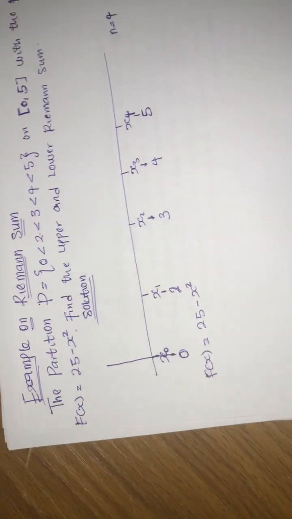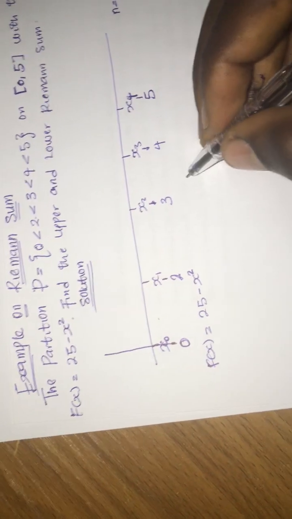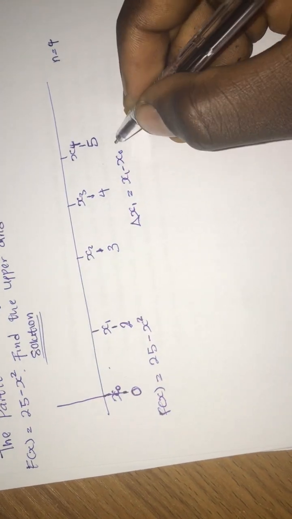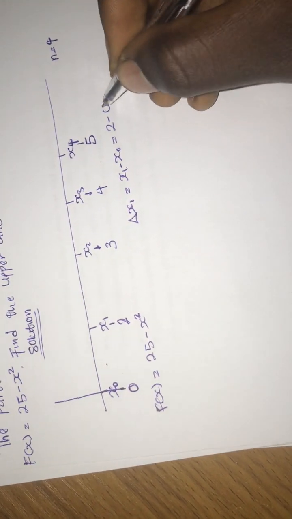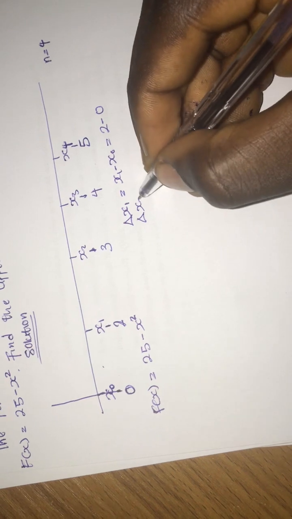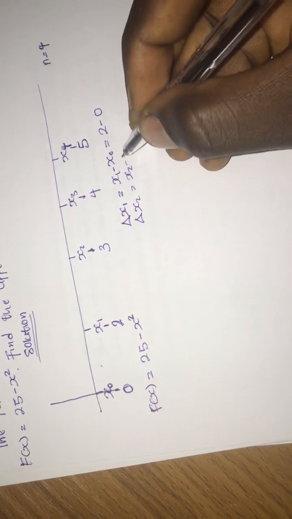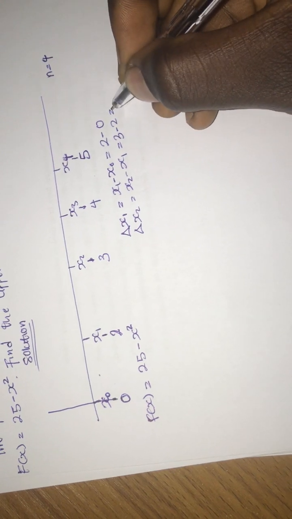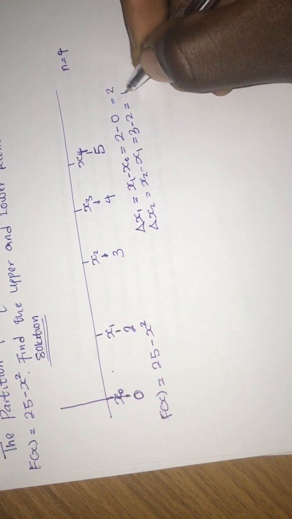Here my delta x1 is equal to x1 minus x0, which is equal to 2 minus 0. Delta x2 is equal to x2 minus x1, which is 3 minus 2, which is equal to 1.